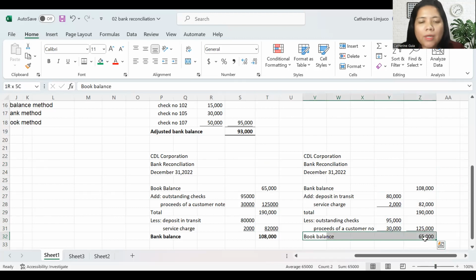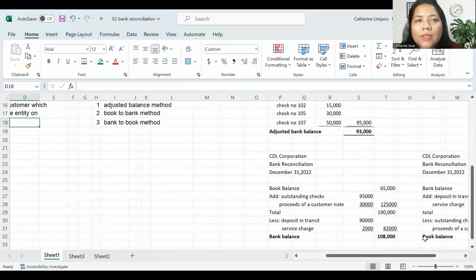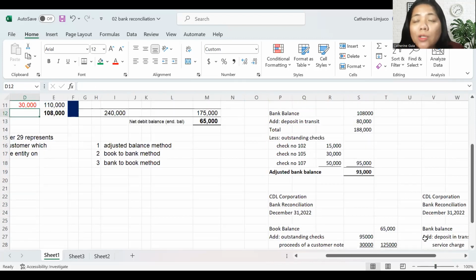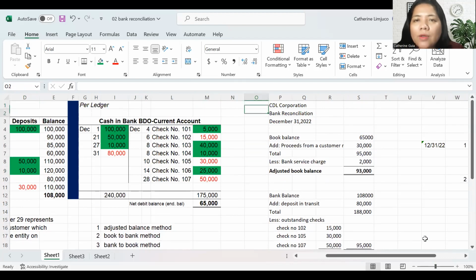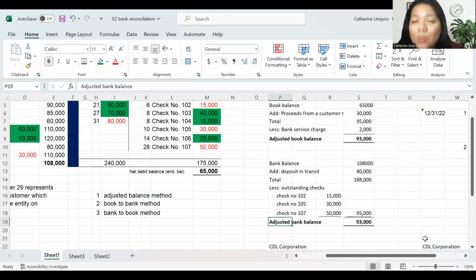So let's have a recap of the three methods. The adjusted balance method is the commonly used method for bank reconciliation. In preparing bank reconciliation under the adjusted balance method, the balance per book, the adjusted book balance, and the adjusted bank balance should be equal.